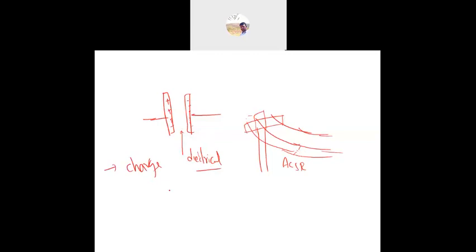The charge the capacitor stores depends upon the area of the plates, the distance between these two plates, and the nature of the insulating medium we are using.